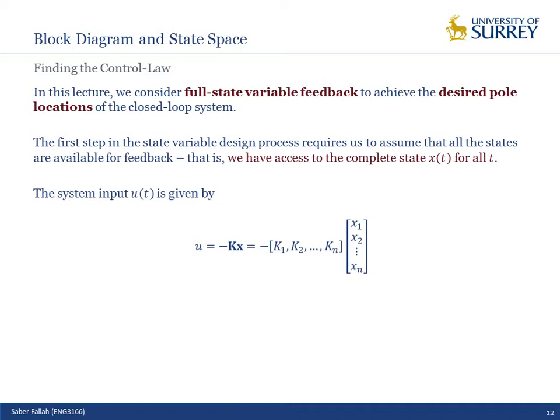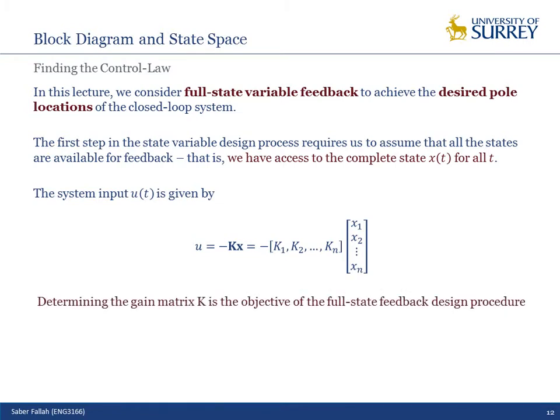You can design a PID controller using the state space if your states are defined based on the error of the system or error of the signal. So determining the gain matrix K is the objective of the full state feedback controller design. Any question? Clear to everyone? Okay.